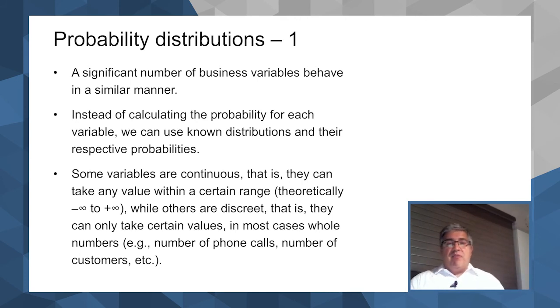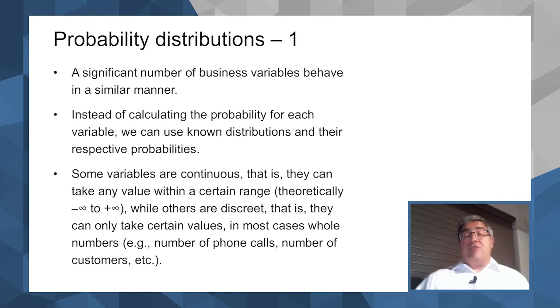A significant number of business variables behave in similar manner. Instead of calculating the probability for each variable, we can use these well-known distributions. Key distinction on distributions: some variables are continuous, either theoretically between minus and plus infinity or within a certain range.